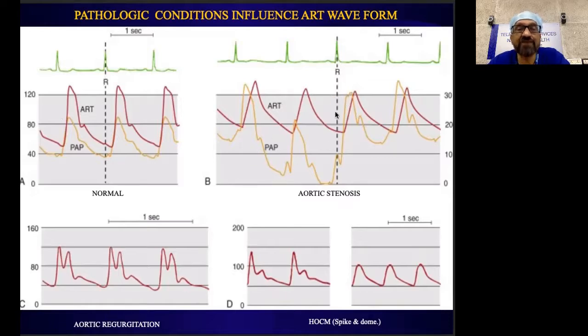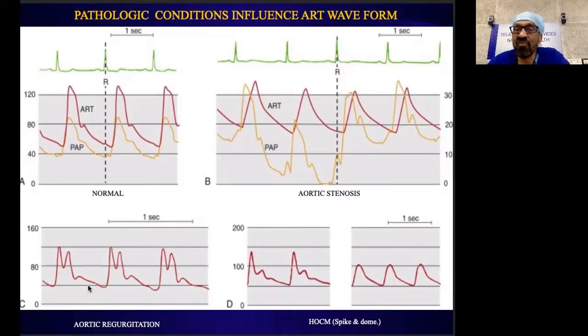There is a delayed arterial pressure upstroke and the peak also is delayed, which causes what is called pulsus tardus or pulsus parvus, where the volume of the pulse is low and there is delayed peaking of the systolic pulse wave, leading to this difference in the peak of the pulmonary artery and the arterial pressure peaks, as is shown in this picture.